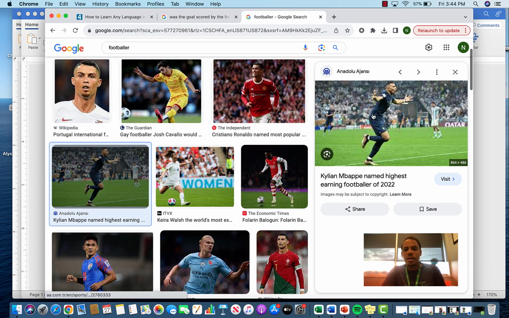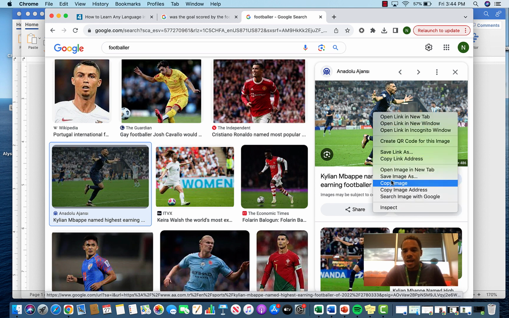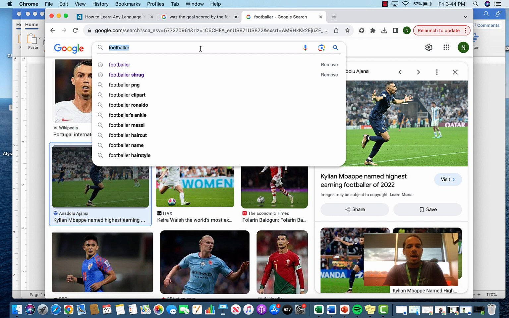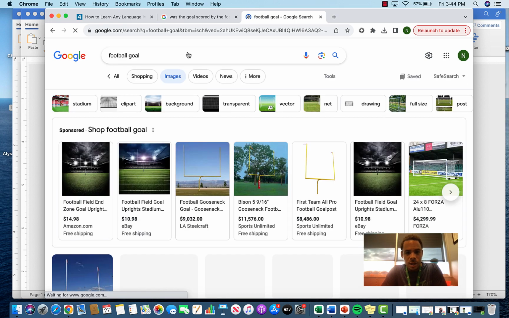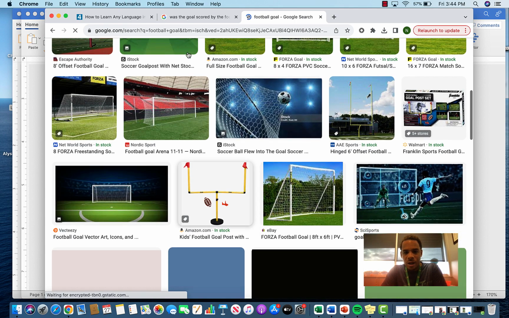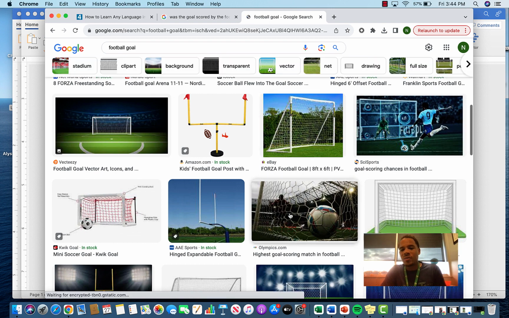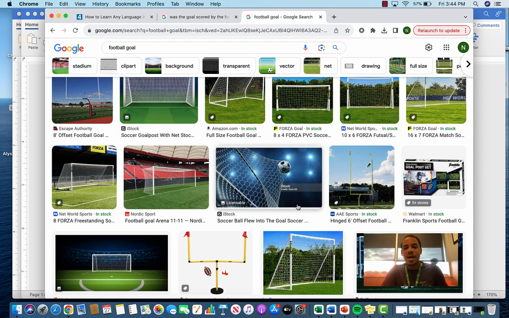So then I could save that, copy that, and then I would take maybe a football goal image, and then we've got a couple to go with. And then what I would do is find one that I liked and then save it.